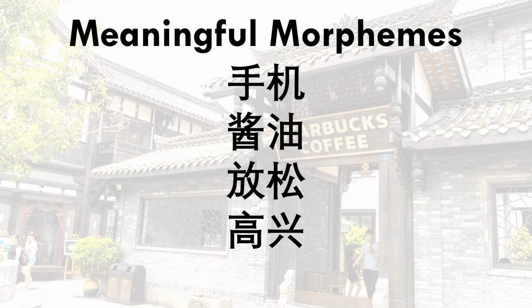It's high excitement. That's what defines happiness. So you stress both syllables of 高兴, the same as 手机, 酱油, 放松, 高兴.